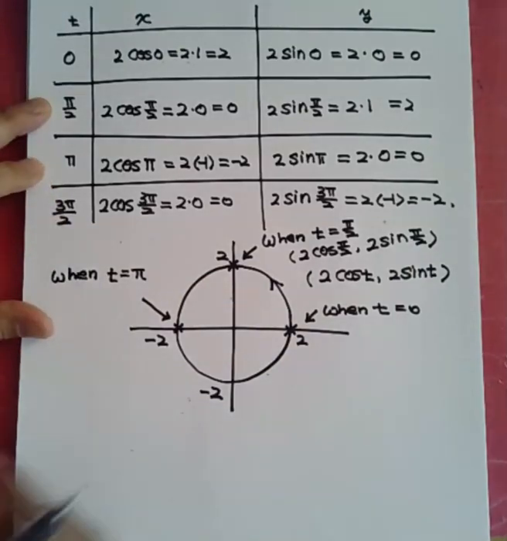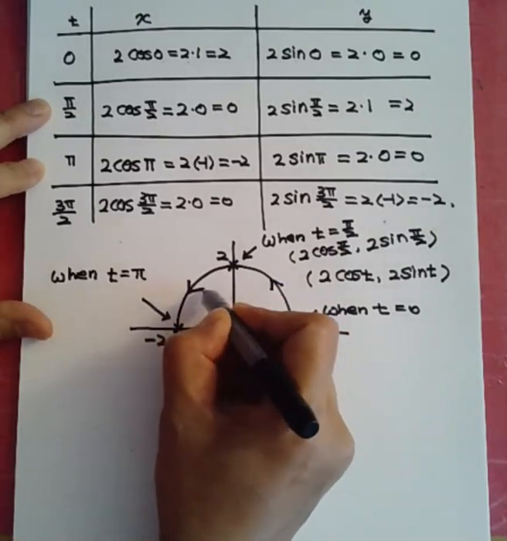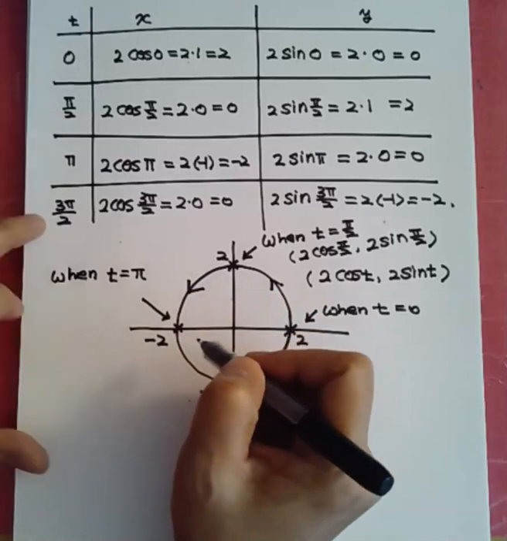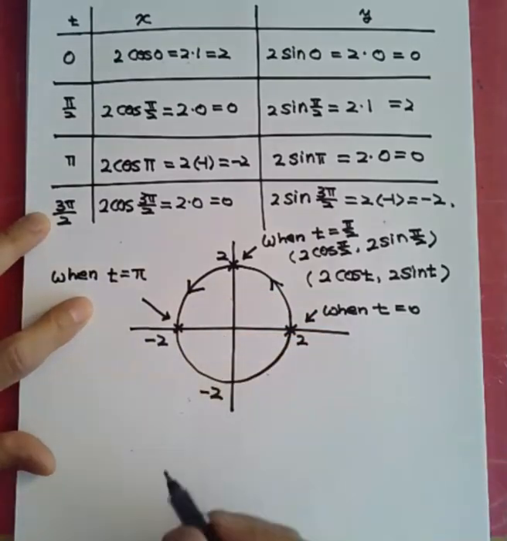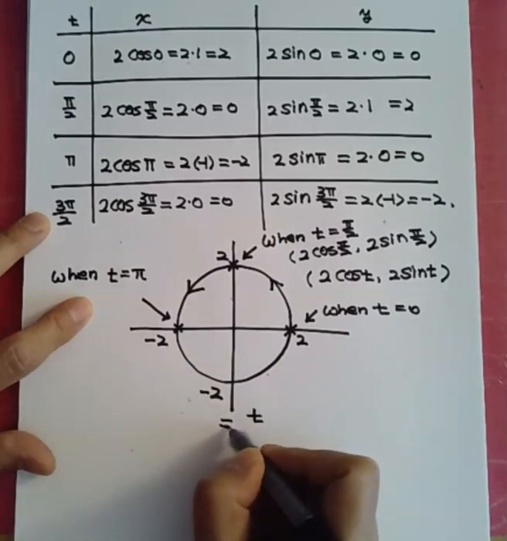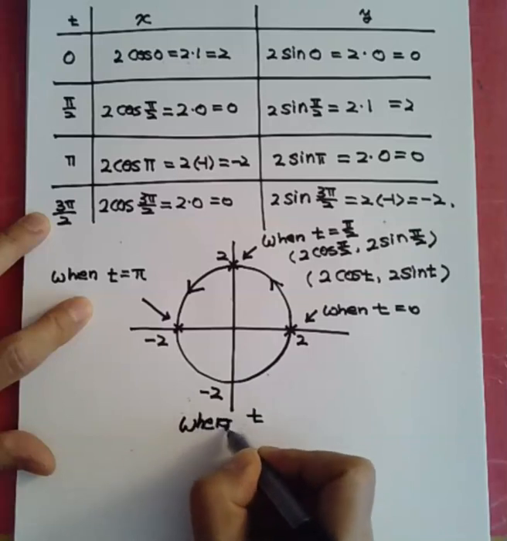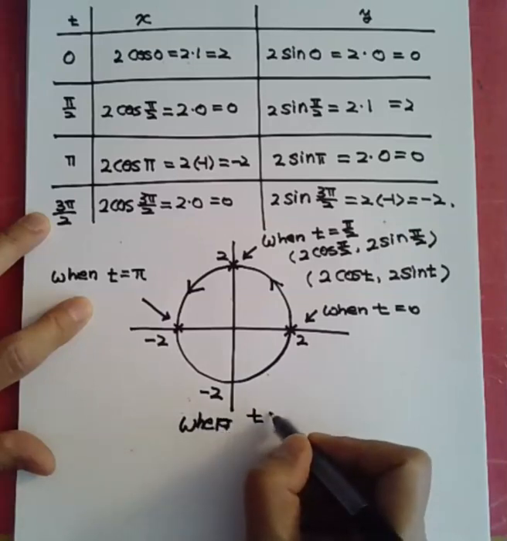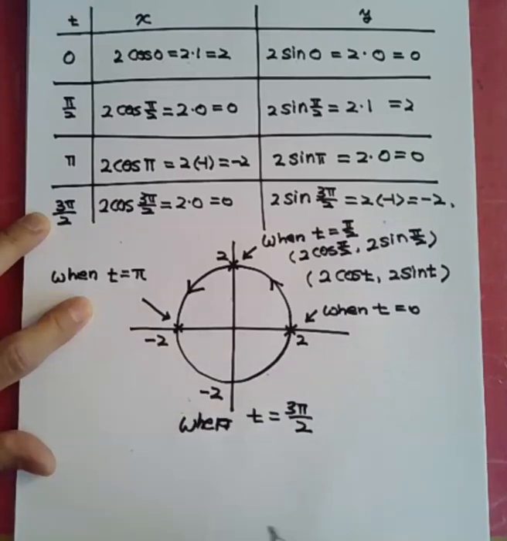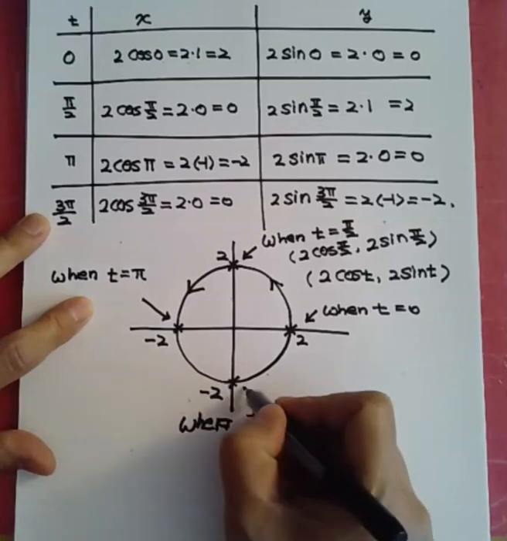Between these two points, we trace the circle in this way, and when t becomes 3 pi over 2, the x value equals 0 and the y value equals negative 2.